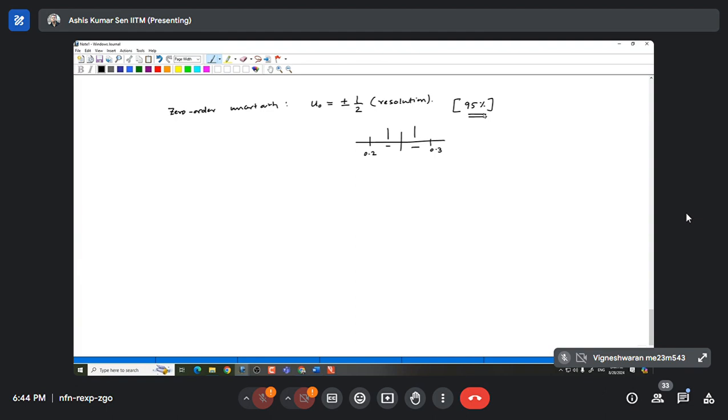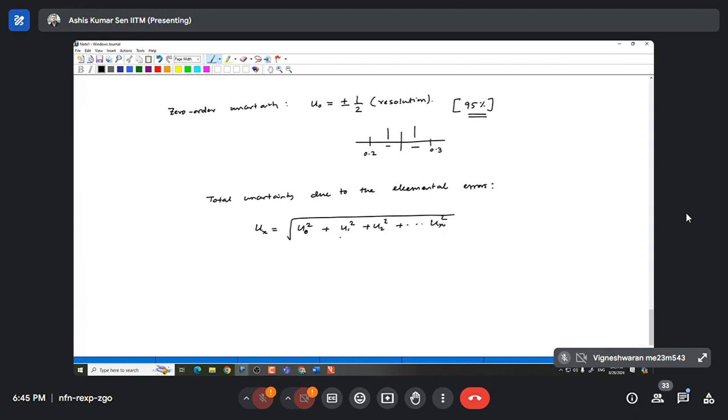Now, if you have some different kinds of errors that we talked about in the introduction, so if you want to find the total uncertainty due to the elemental error, that means the errors associated with the instrument, then you can find that Ux is your U0 square plus U1 square plus U2 square up to UN square.